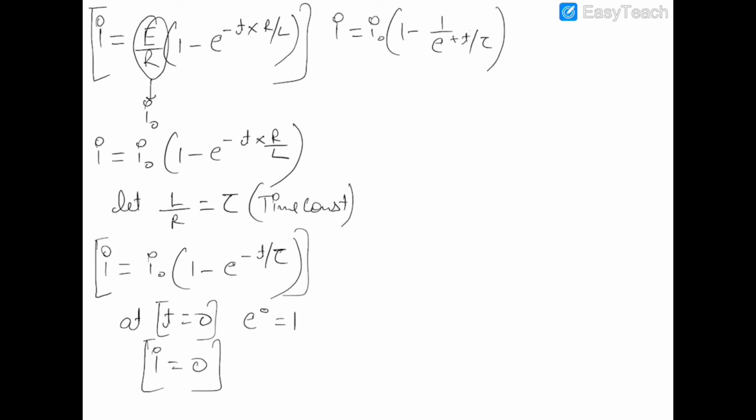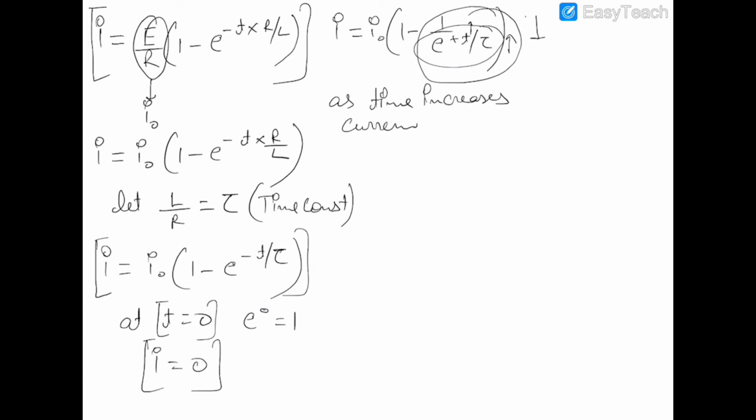So if time will increase, this term will increase, and this complete term will decrease, and this 1 minus this term will increase, and hence as time increases, current also increases, which is shown in the equation itself.